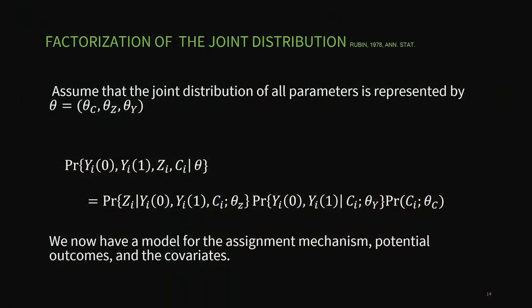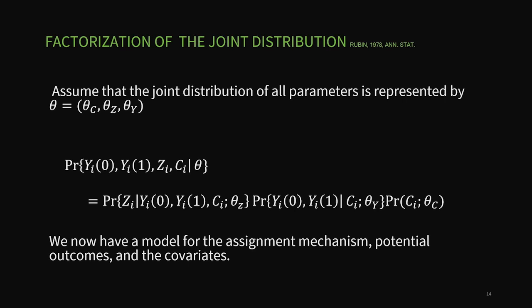So we might think of the joint distribution as the probability of our two potential outcomes, Z and C, factorized into three different parts. The first is our assignment mechanism, the probability of Z given our outcomes and C. Now, under ignorability, those two possible outcomes would just fall out, right?